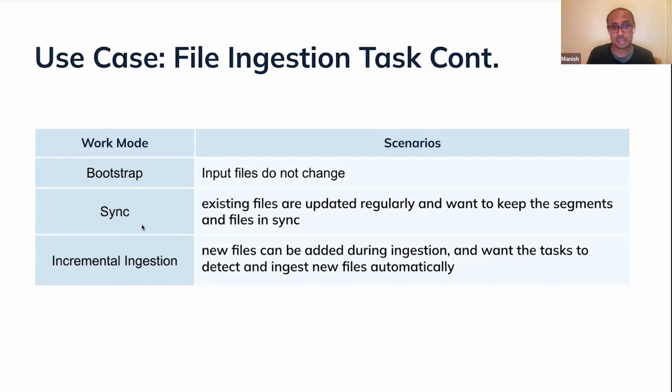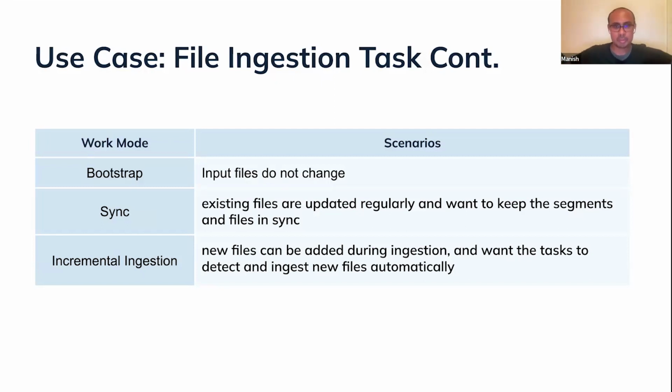The second one is called sync mode, which is actually a powerful mode. Here, the customer has an input directory, which can be S3 or GCS or whatever, and the input directory can change. They can add files, update the same file, or remove files, and we want that to be synced with the Pinot table.